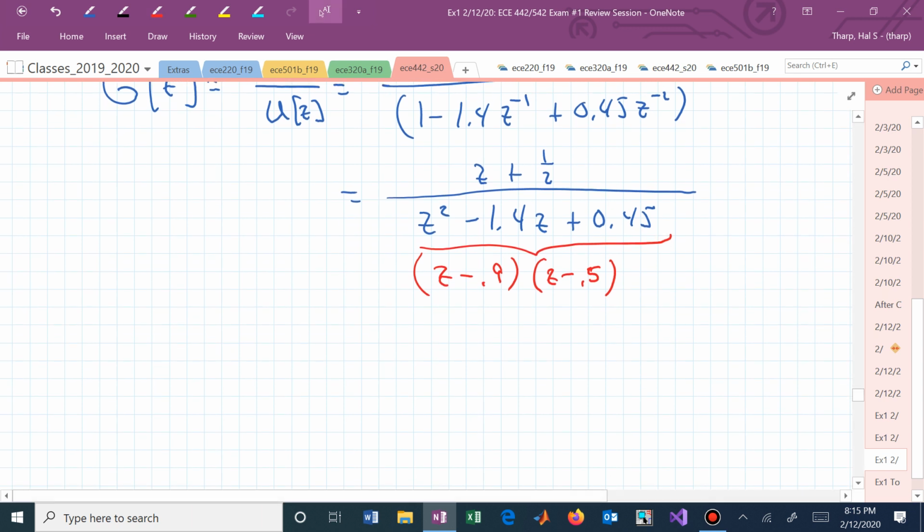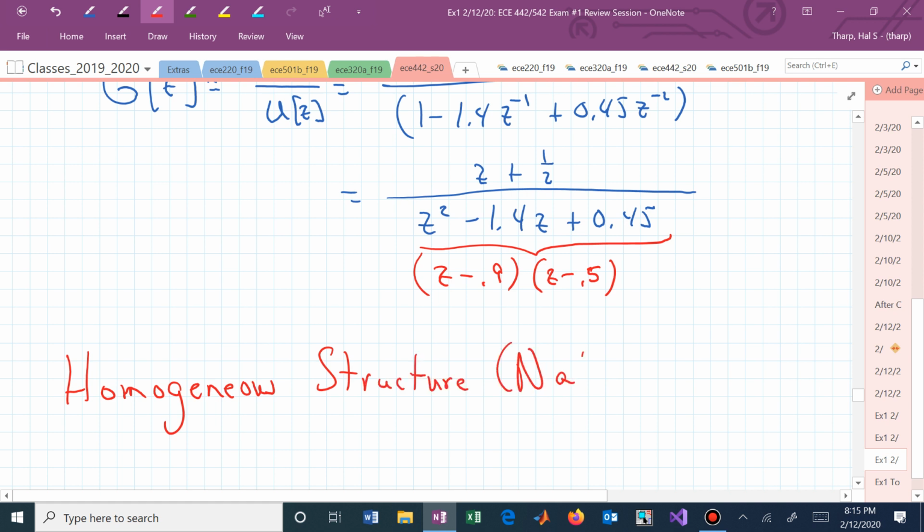What's the natural or homogeneous solution or structure? And is the system stable? The system is stable because those both have magnitudes less than 1.